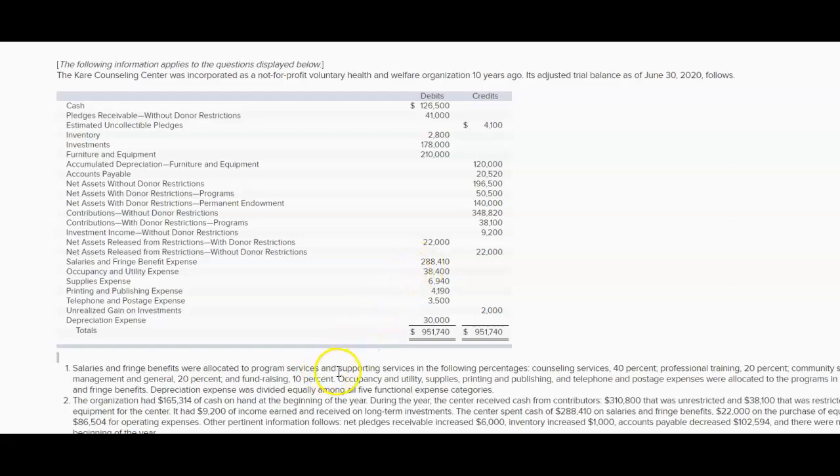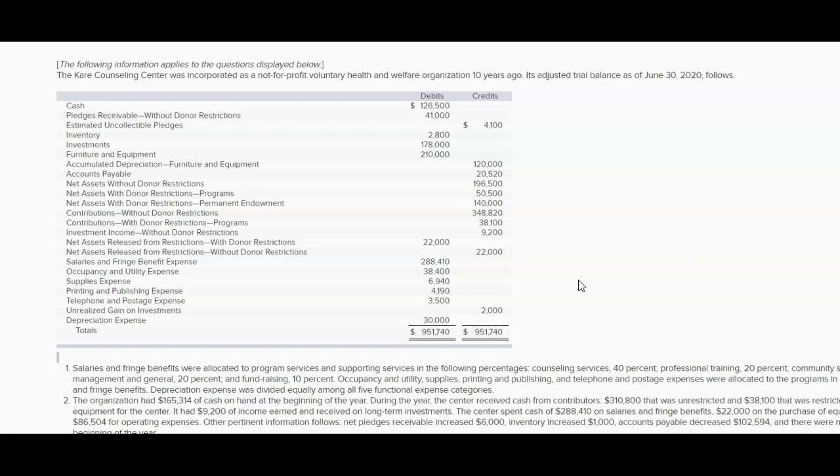So in number 1 here, the author tells you what percentages are allocated to each of the major categories: the program categories, the management in general, and the fundraising. So I would suggest that you start there with number 7.